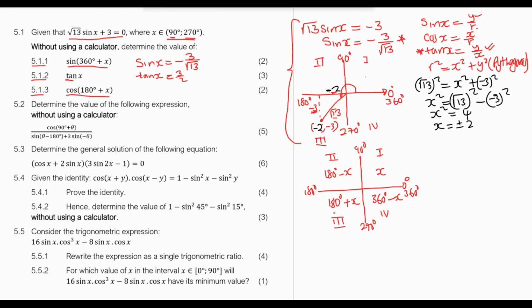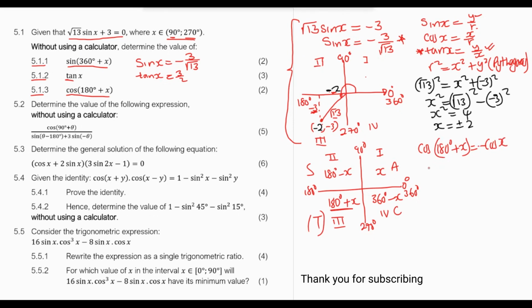180 degrees plus x is in the third quadrant, and we know that in the third quadrant only tangent of an angle is positive. Cosine and sine of angles are negative, so cos (180 plus x) is negative in quadrant 3. So cos (180 degrees plus x) is equal to negative cos x.